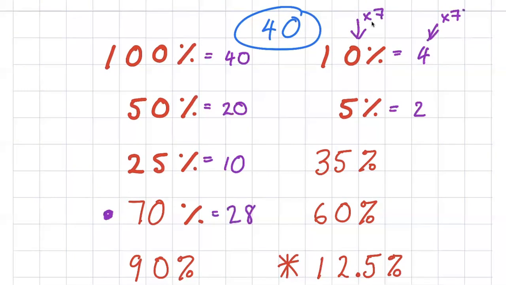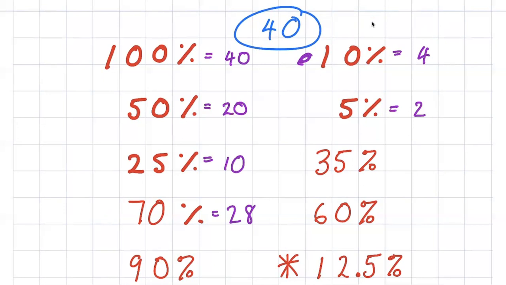Let's do another one. So what about 90%? Well, 90%, you have two options, well, loads of options, I suppose, but two main options. The first one is you start again with your 10% here and times that by how many 10s make 90? It's 9. So you could times 10 by 9 and you can times the 4 by 9 as well.